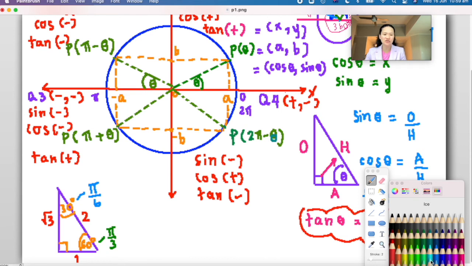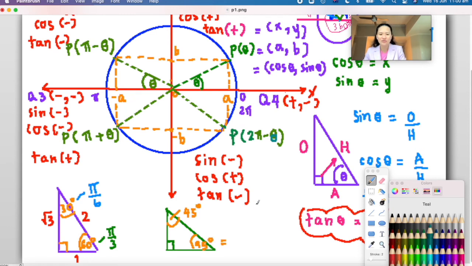Let's see the next one. I would like to teach you about 45 degrees. Let's use a different color. I try to fit everything in one page. If this one is 45 and 45, 45 as well, 45 degrees.